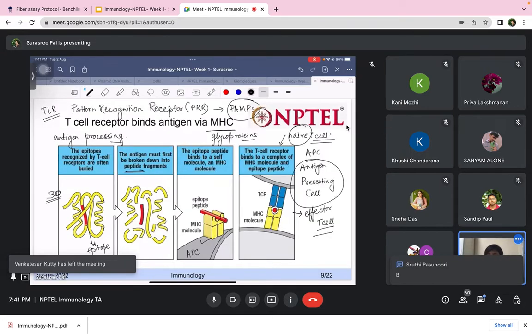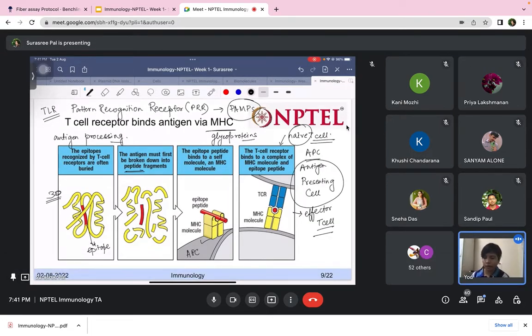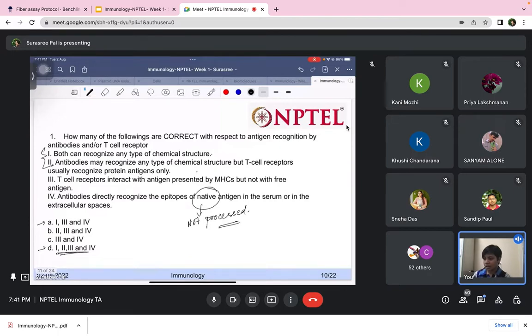Whereas the TCR requires processed antigen. Therefore options 3 and 4 are correct. Options 1 and 2 are not correct, so option D is cancelled.